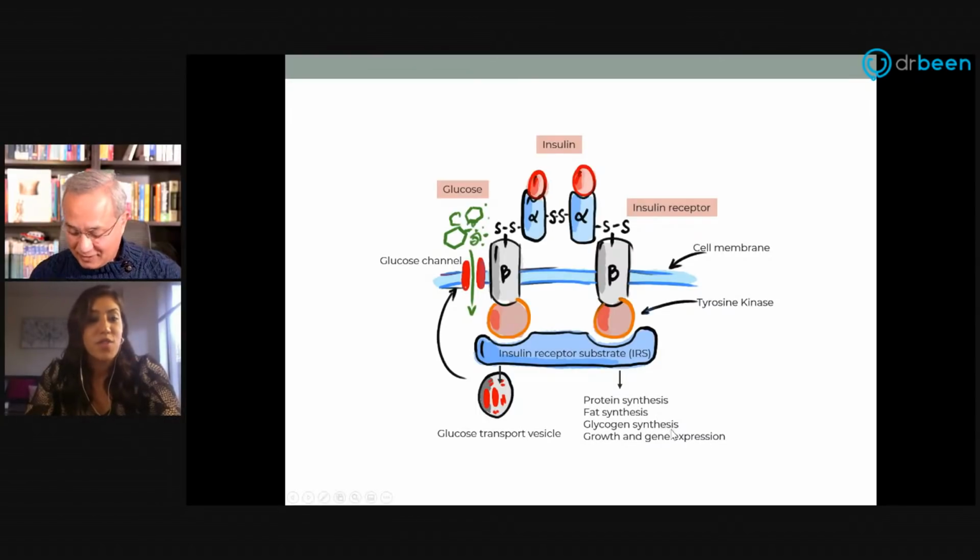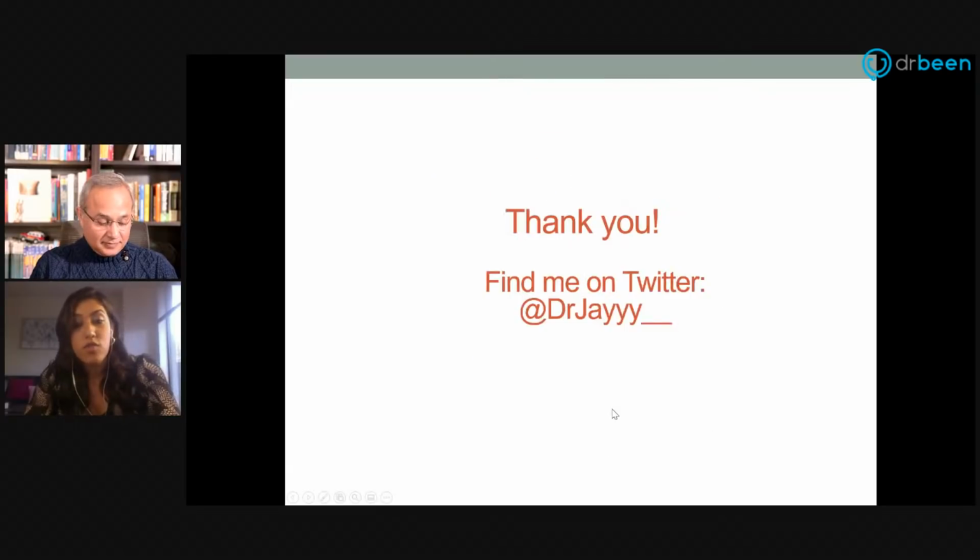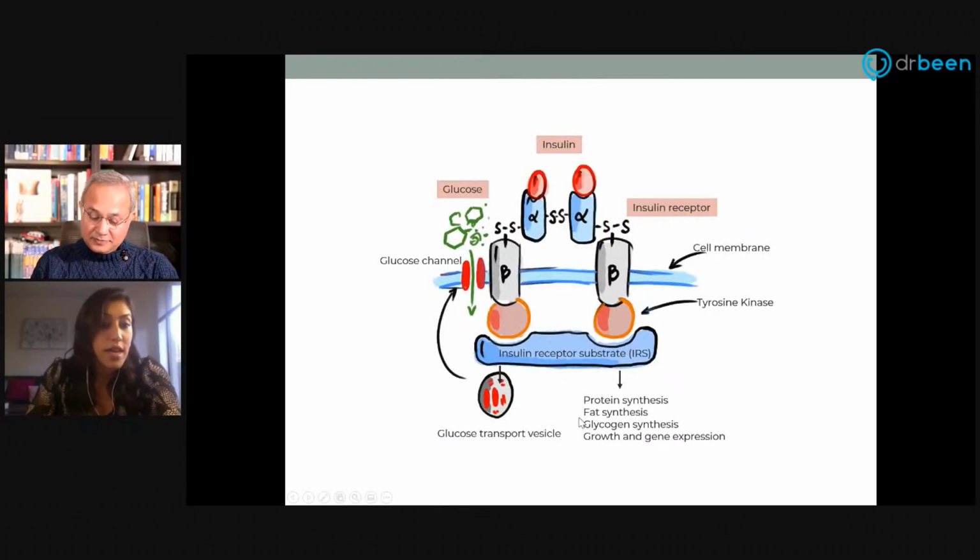Exactly. Literally within seconds of insulin binding, the membrane is having so many changes, and it's allowing either uptake of glucose or some sort of translocation with intracellular vesicles. And if you remember, we had even talked about the vesicles like GLUT4 that were affected.